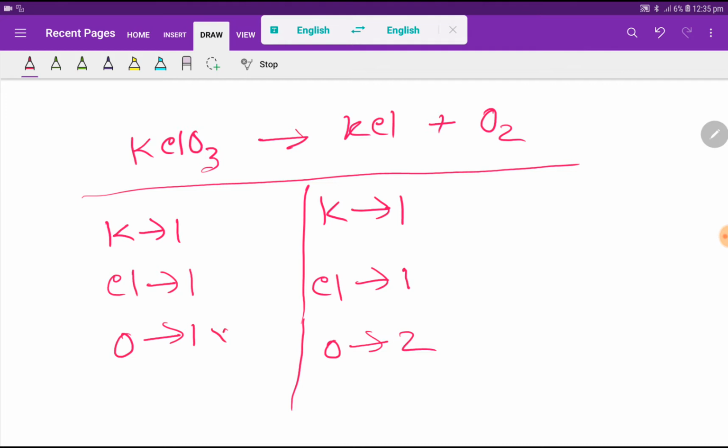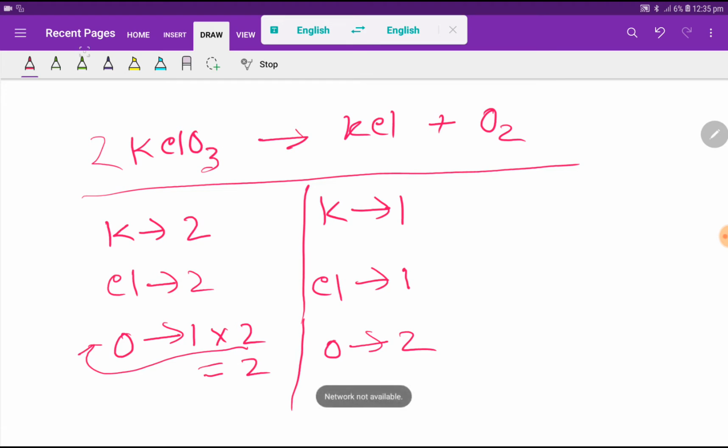To balance the oxygen, I can multiply here by 2, that gives me 2. These 2 must come before this oxygen, that is here. If I place here 2, the number of potassium will be 2. So let me write. The number of chlorine will be also 2. So let me update. Okay, the number of oxygen will be 2 times 3, that is 6.